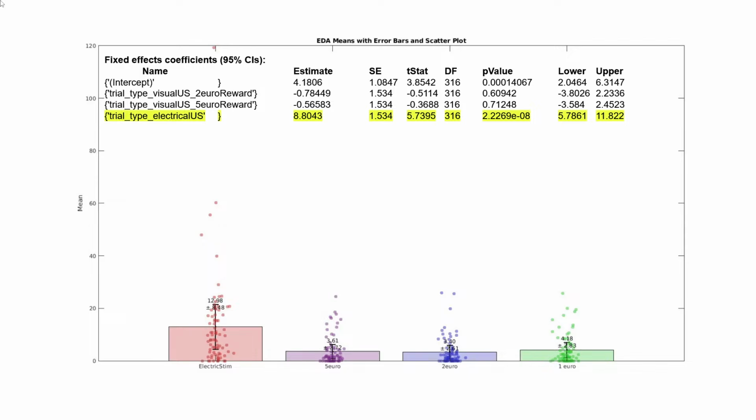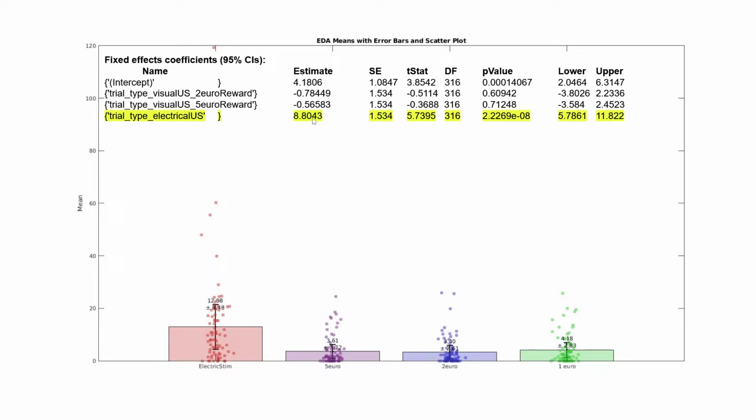When measuring EDA, once again, a general linear mixed model was built. The stimulus was picked as a fixed effect coefficient, the predictor, the response value is the EDA, and the random effect is the subject because of repetitive measurements.